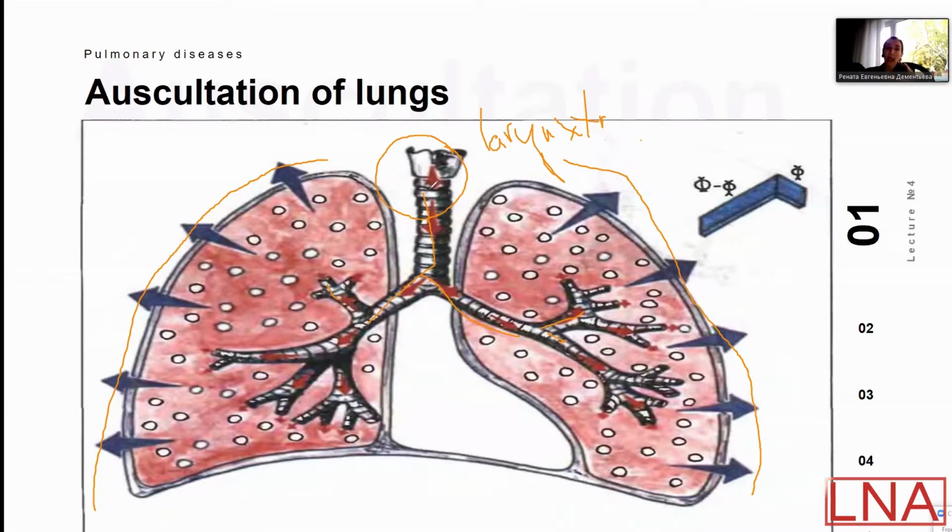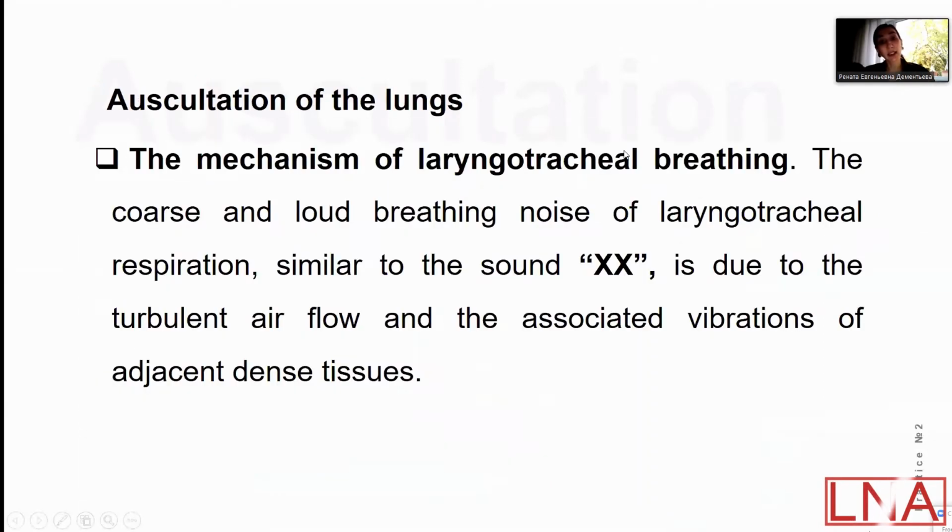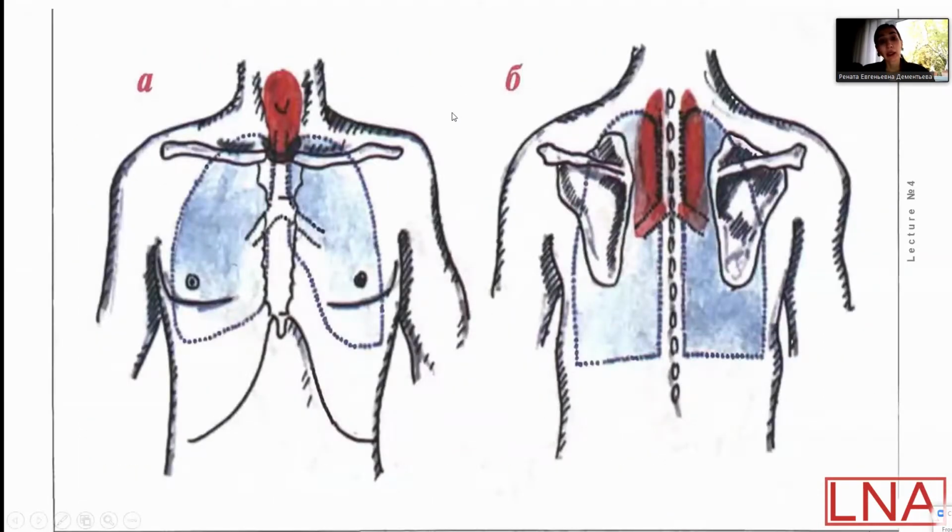But in this way, we can also determine laryngotracheal breathing in a healthy person in two zones. Above all the surfaces of the lungs, we have to determine vesicular breathing, but on the zones of the projection of the larynx and trachea on the neck part till the jugular notch, in a healthy person we can determine laryngotracheal breathing.